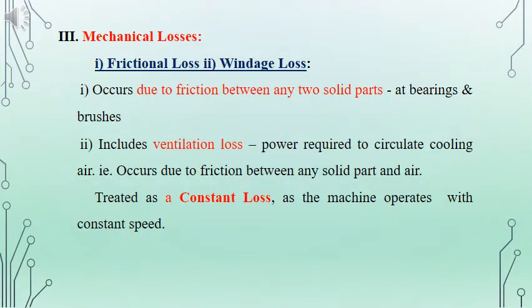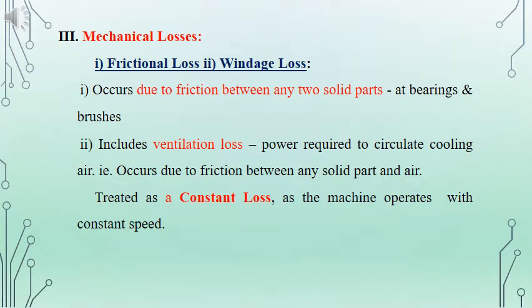Next we have the mechanical loss. We have two types of mechanical loss, that is frictional loss and windage loss. Frictional loss is due to the friction between two solid parts. We have the bearings and brushes where these frictional losses will occur.